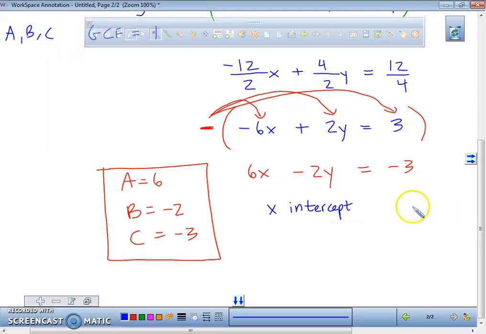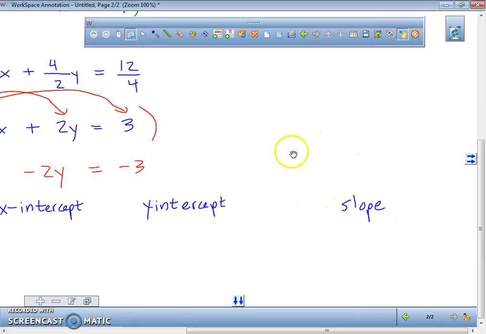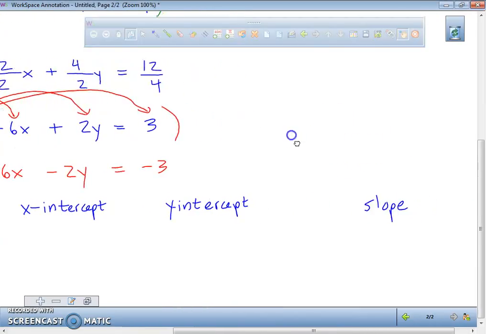The next thing is what's known as the Y intercept. And the last thing we're going to talk about is this thing called slope. So we're going to put slope over here.